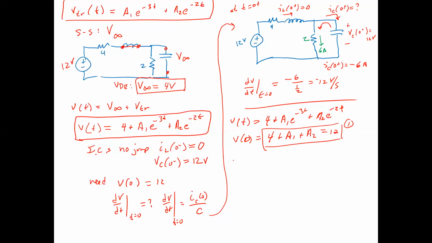And we also know that dv/dt in general is going to equal minus 3a1 e to the minus 3t minus 2a2 e to the minus 2t. And dv/dt at t equals 0 then must equal minus 3a1 minus 2a2, and it must equal minus 12.